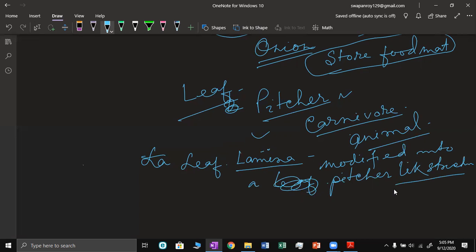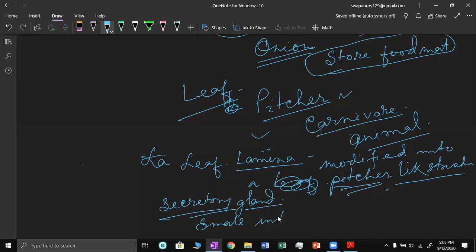I believe that you have seen the pitcher plant here, and in this pitcher, what happens? They have secretory digestive glands. So when a very small insect enters the pitcher, the plant secretes some acid and enzyme.